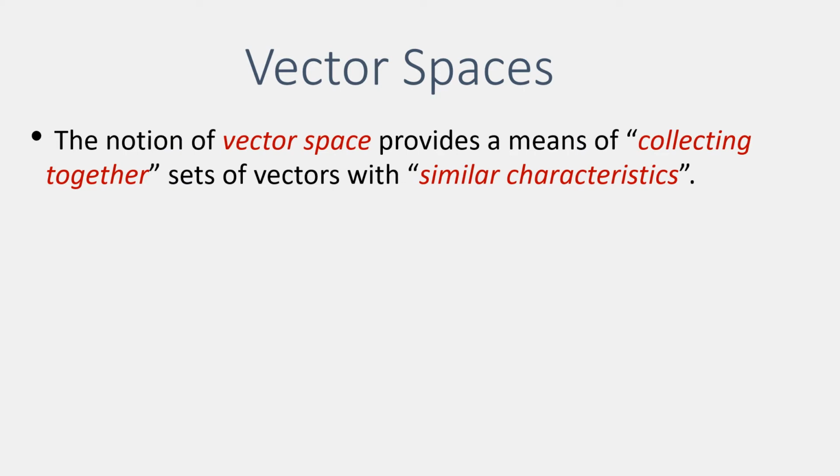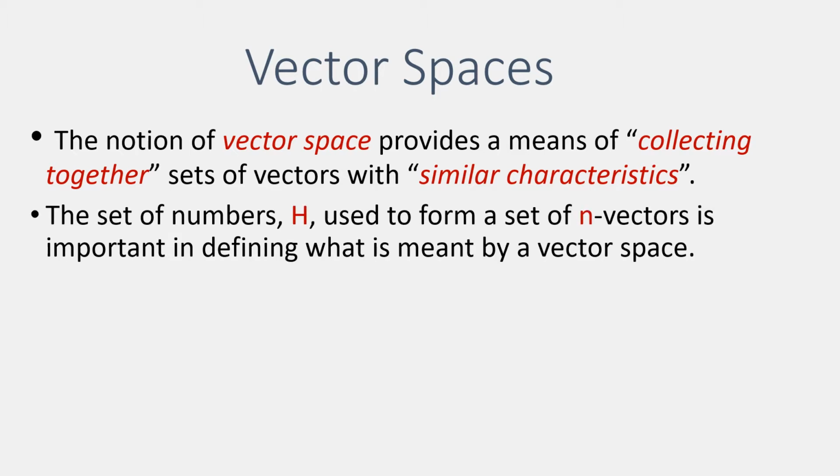This notion is something that allows us to collect together sets of vectors from a subset. All of these vectors have similar characteristics. So what do I mean by that?